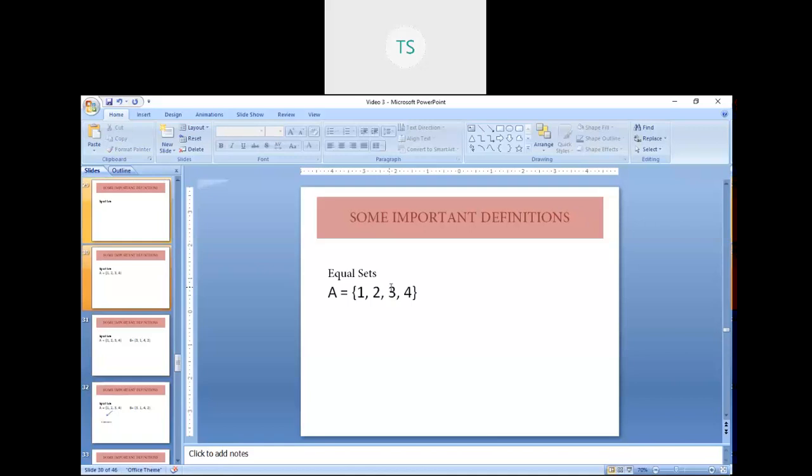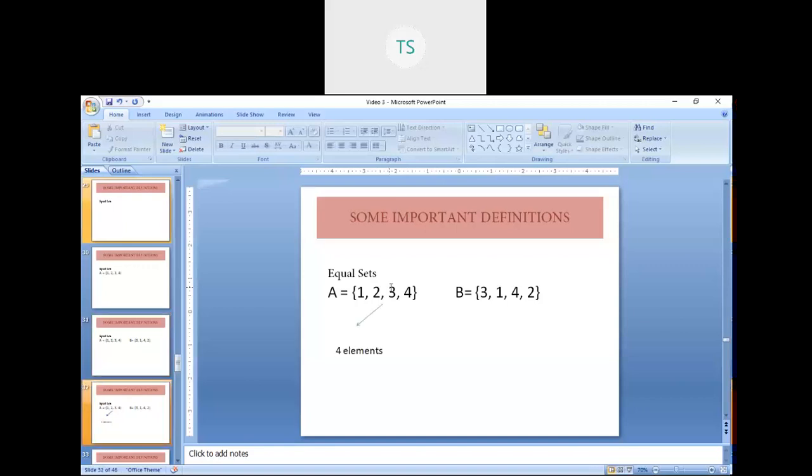There is a set A and the elements of set A are 1, 2, 3 and 4. Next, you have another set, capital B, with the elements 3, 1, 4, 2. Now see the elements of set A and set B.